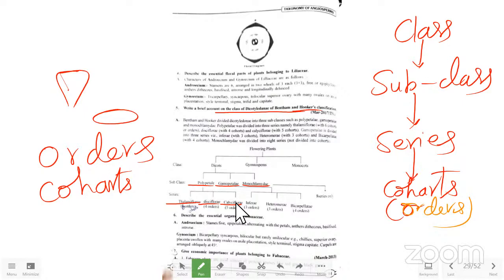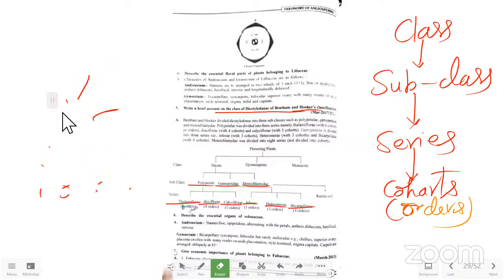So the Polypetalae subclass is divided into 3 series: Thalamiflorae, Disciflorae, Caliciflorae. Okay, and the Thalamiflorae series is having 6 cohorts in it, and the Disciflorae is having 4 cohorts, and the Caliciflorae is having 5 cohorts. And then the Gamopetalae subclass is divided into 3 series again: Inferae, Heteromerae, and Bicarpellatae.